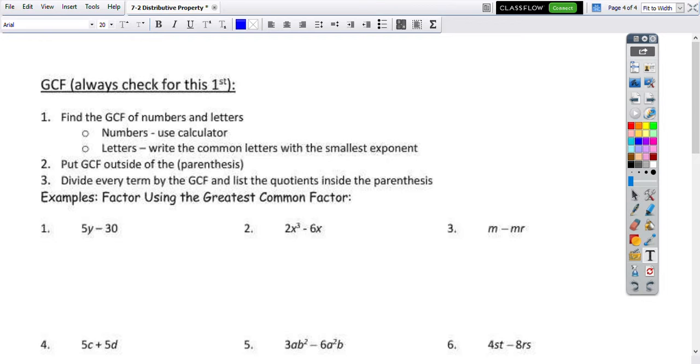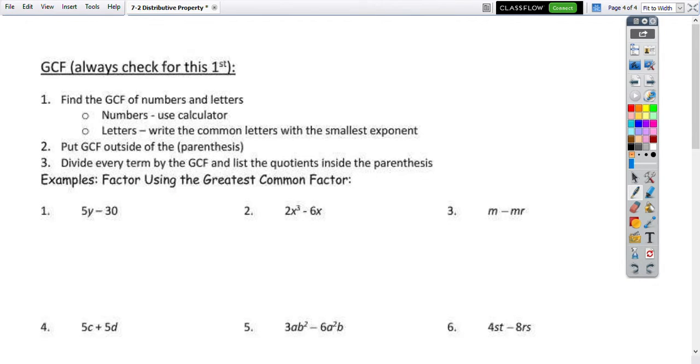So in other words, what would be right before this in this distributive property? The thing that goes here is the GCF, and then what's left inside is essentially the quotient when I divide the original term by the GCF.